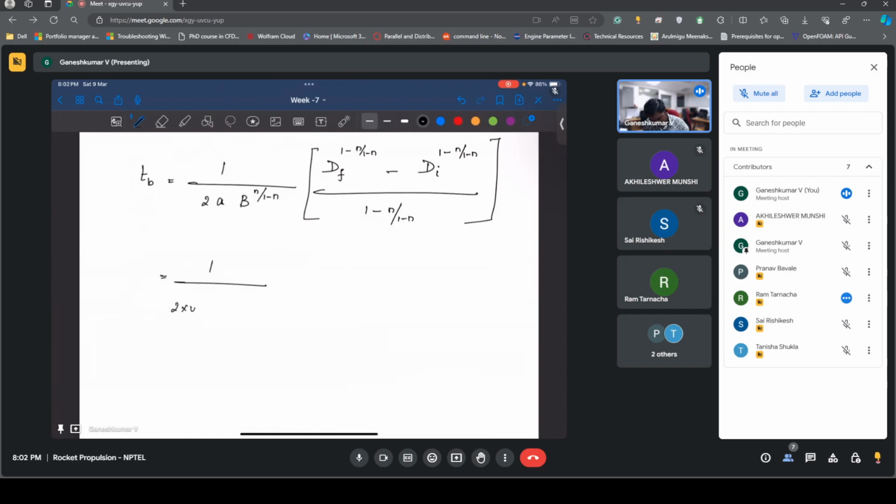So 2 into 0.019 into 10 power minus 3, because this is in mm per second, and B we need to find out. Into df. How much was df?